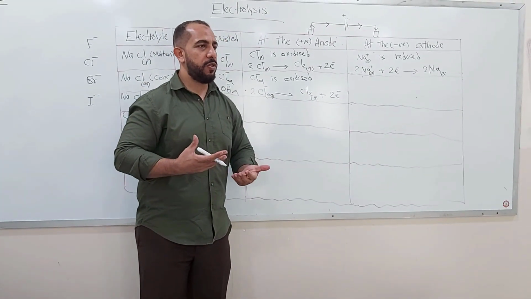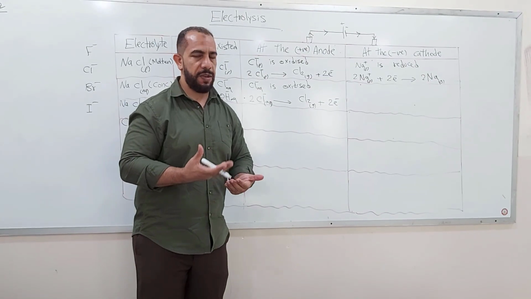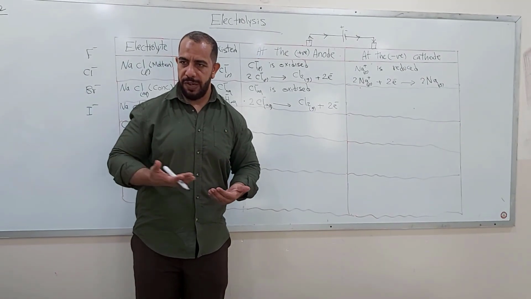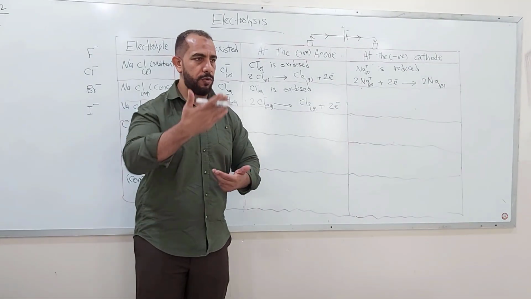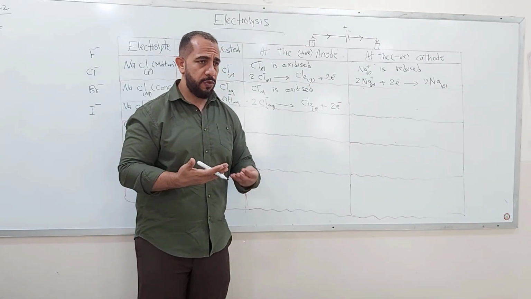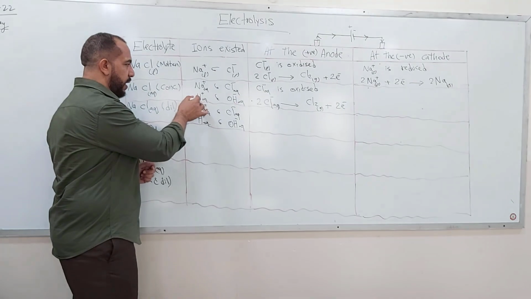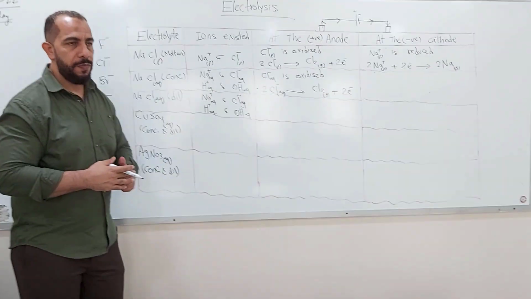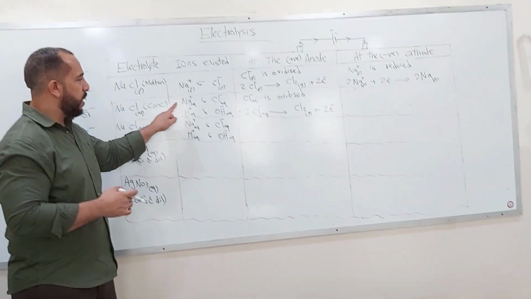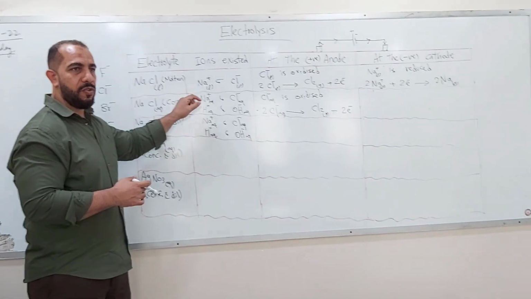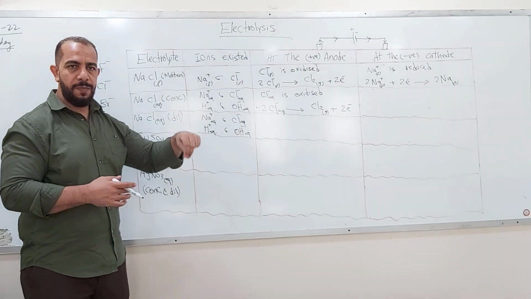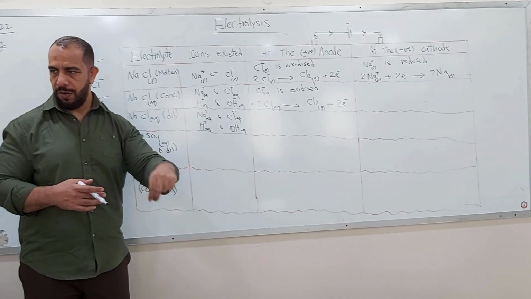Exactly. We need to memorize the chemical activity series. You have to memorize this series to determine which one is less reactive, which one is more reactive. So here, in case of Na and H, H plus will be reduced at the cathode. And what will happen to Na plus? They will remain within the electrolyte, within the solution.